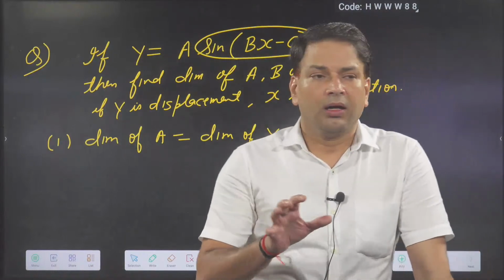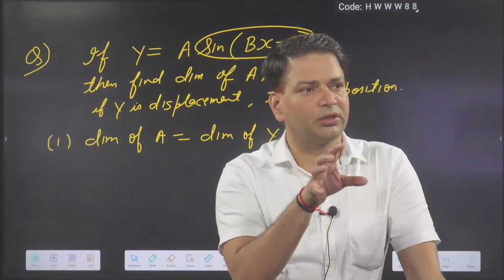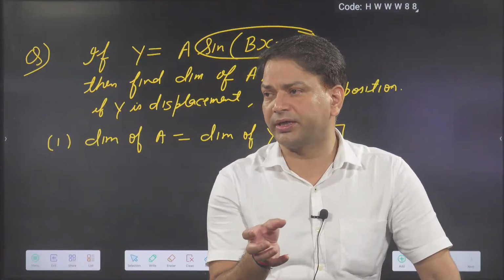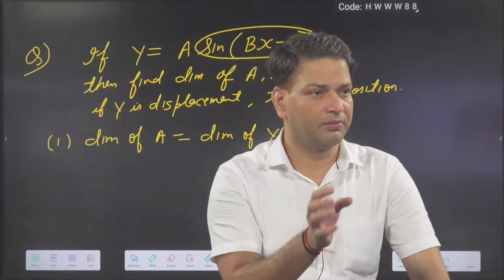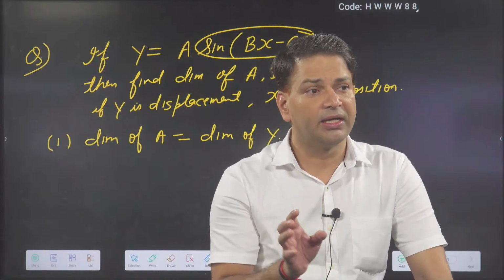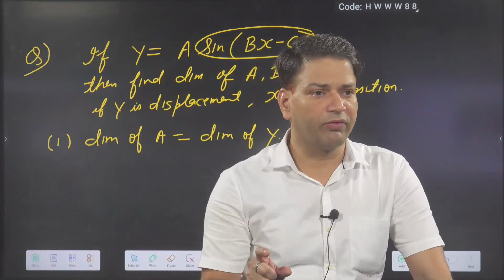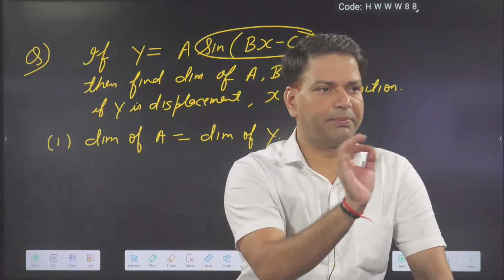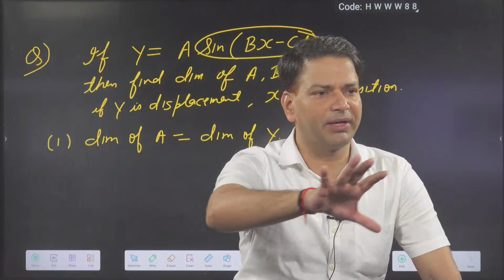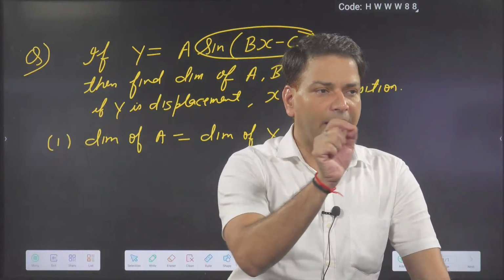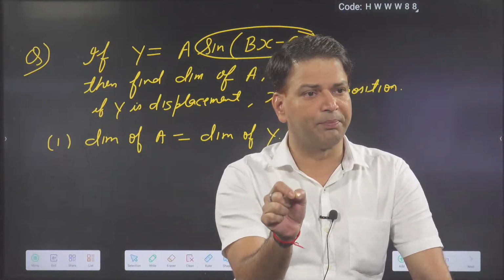Now listen, suppose the product of two quantities A and B is dimensionless. What mathematical relation will you write? Dimension of A into dimension of B is equal to 1.